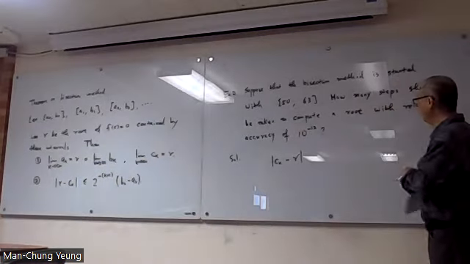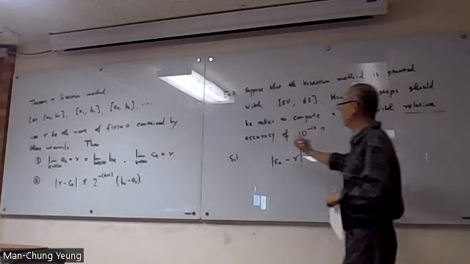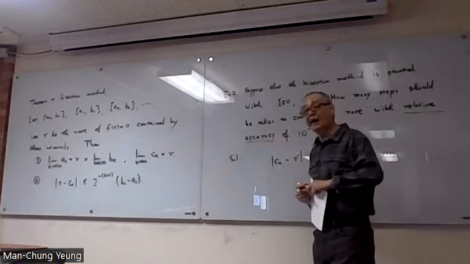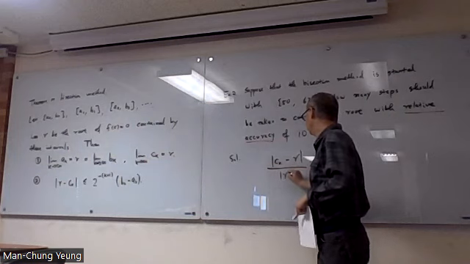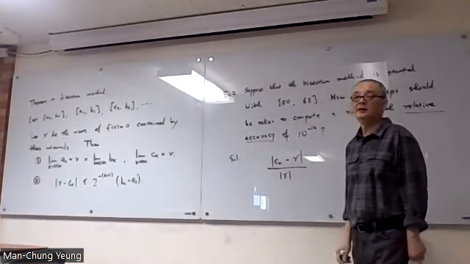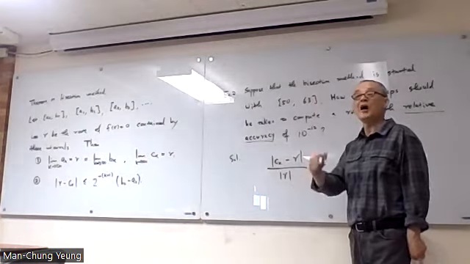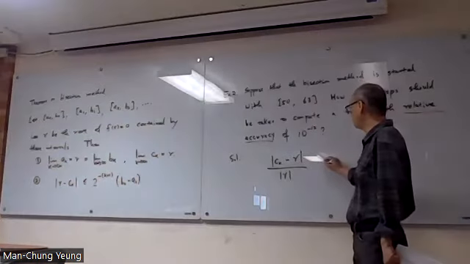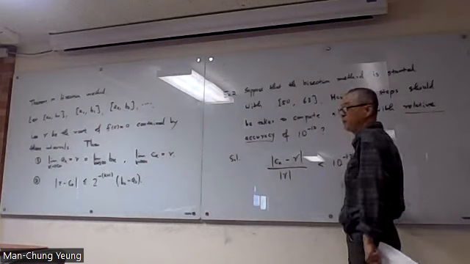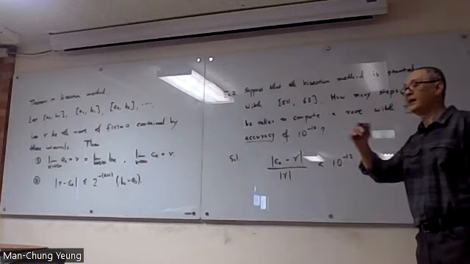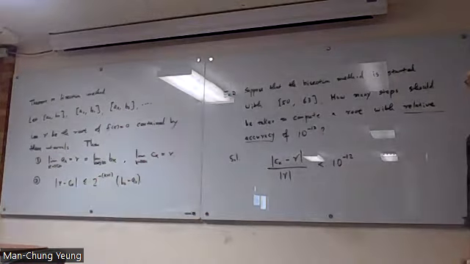Relative accuracy, relative to the root. Determine K so that the relative error is less than this. This is the question. What K can make this inequality true?